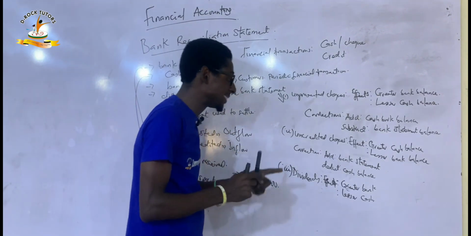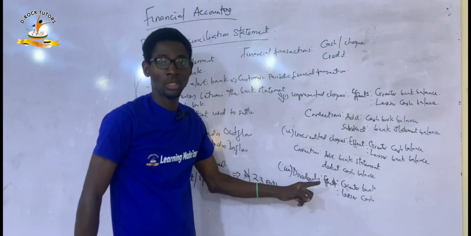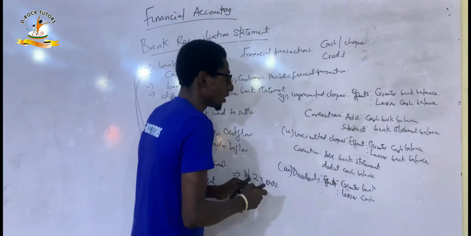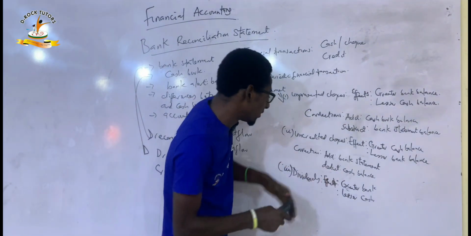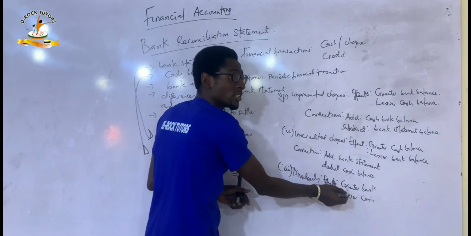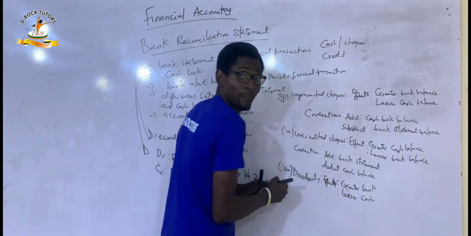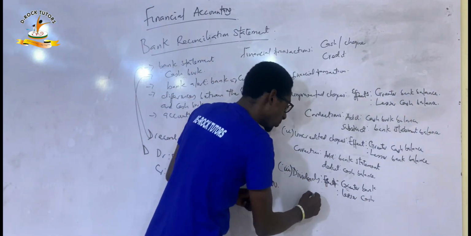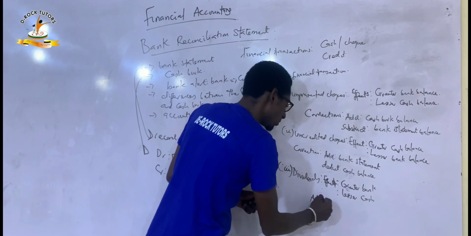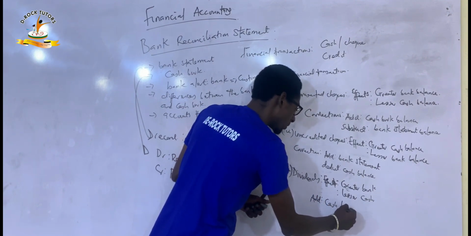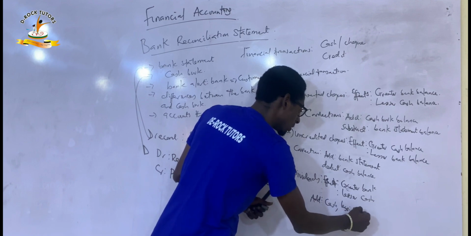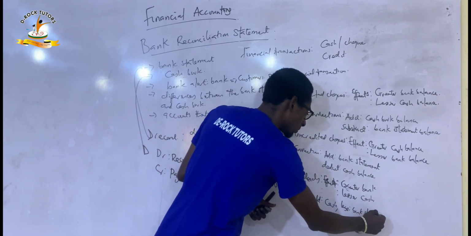Now, to correct it, just look at anything that has to do with this kind of thing. What you have to do is add to the cash book and deduct from the bank statement.